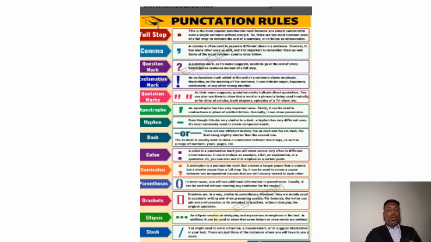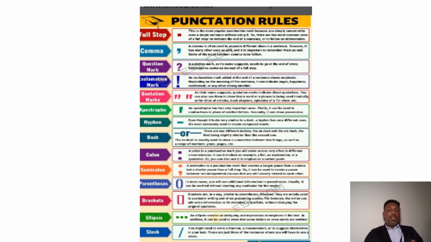How does a colon differ from semicolon? You can have a look here. I'm moving the cursor near the colon and semicolon. Colon is a set of dots, whereas semicolon is a combination of a dot and a comma.